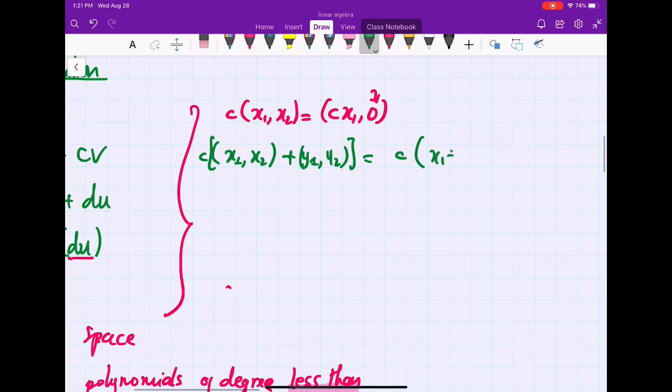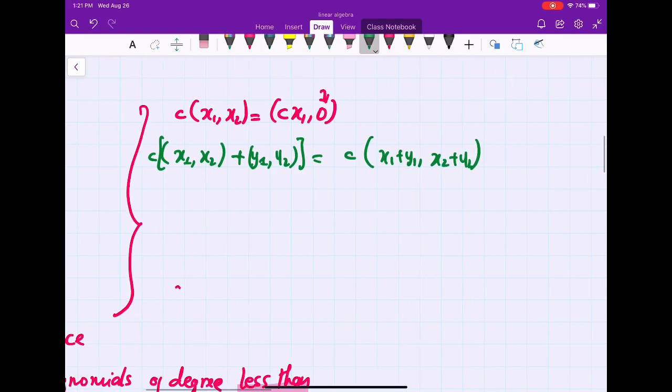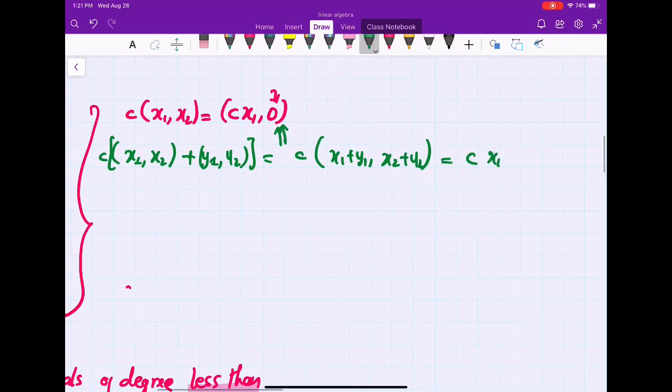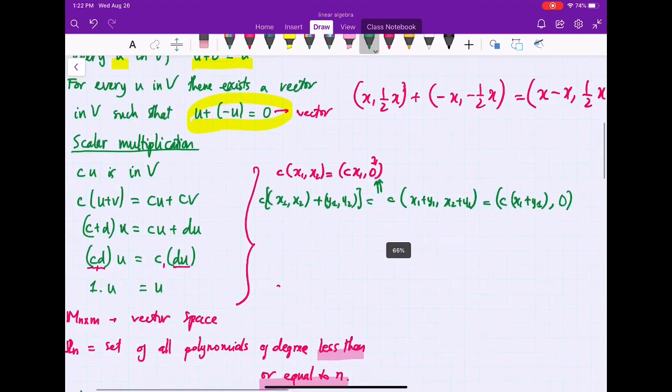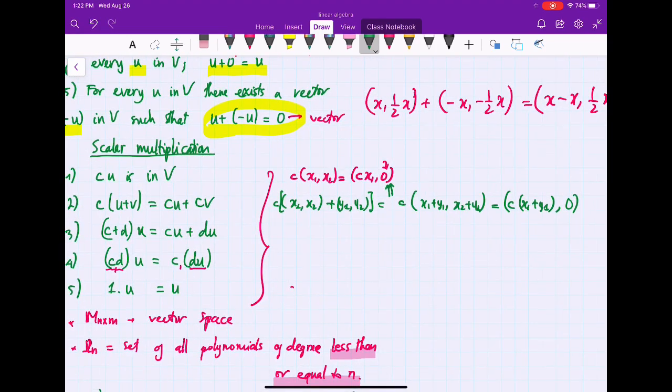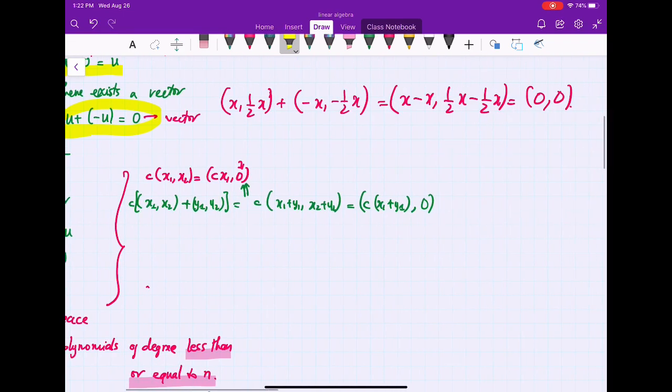You have x1 plus y1, x2 plus y2, and according to this multiplication, you have C times x1 plus y1, and here you have 0. Does that make sense? So that is the left hand side.